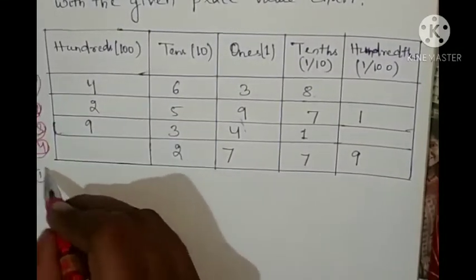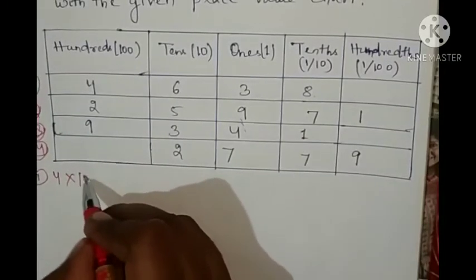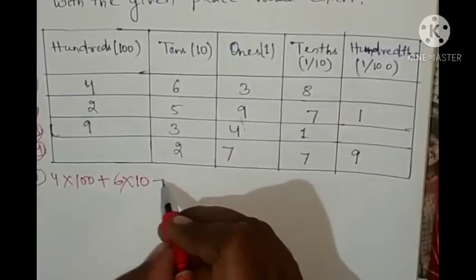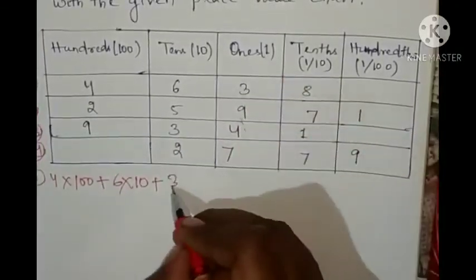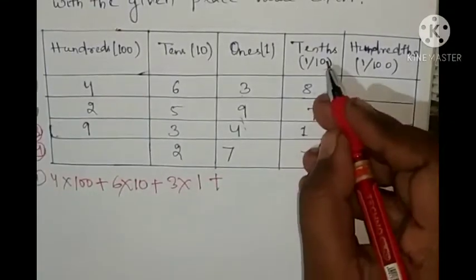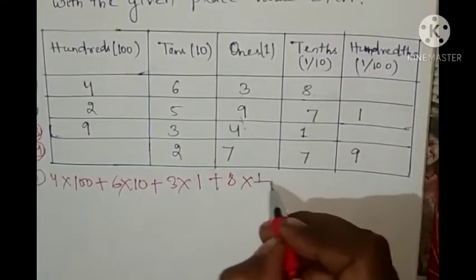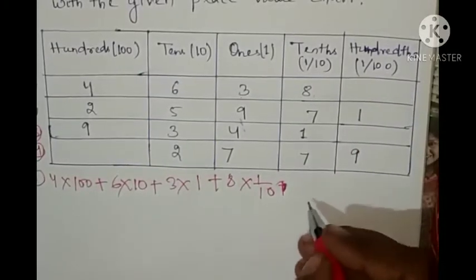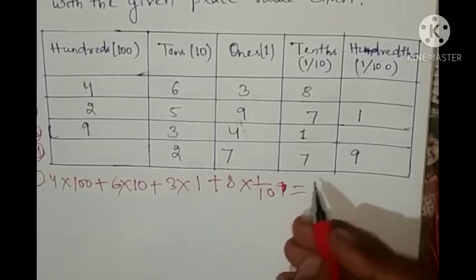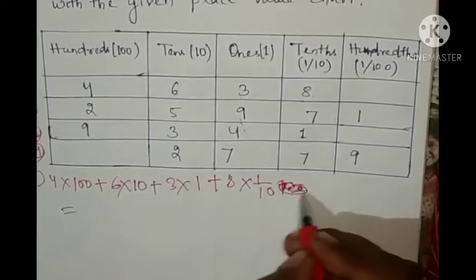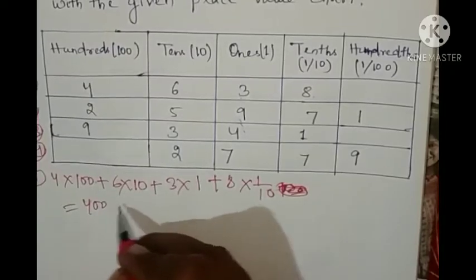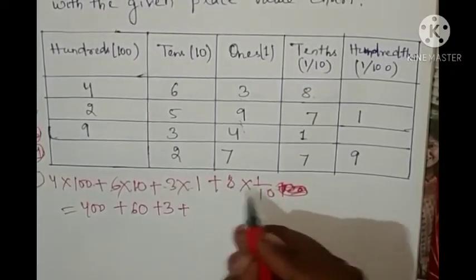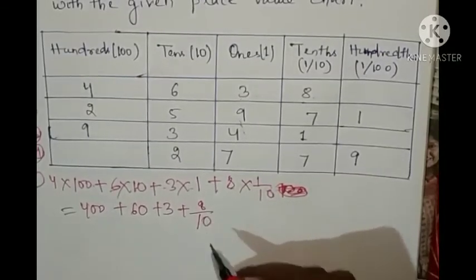So number 1 is 4 into 100 plus 6 into 10, since 6 is in the 10's place, plus 3 is in the 1's place, 3 into 1, plus 8 is in the 1/10th place, 8 into 1 by 10, plus nothing is there, so I'll leave it. So this is equal to 4 into 100, 400, plus 6 into 10, 60, plus 3 into 1, 3, plus 8 into 1 by 10, 8 by 10.